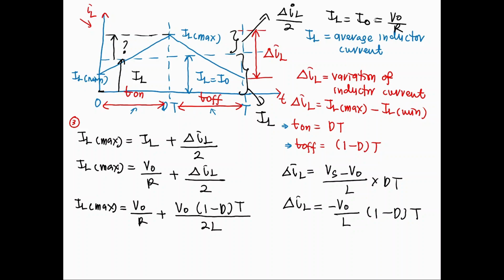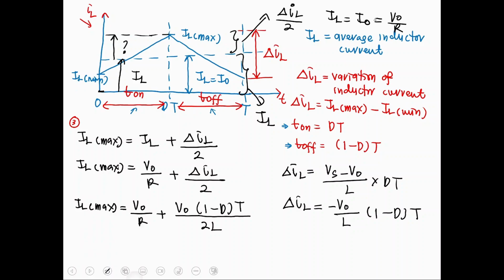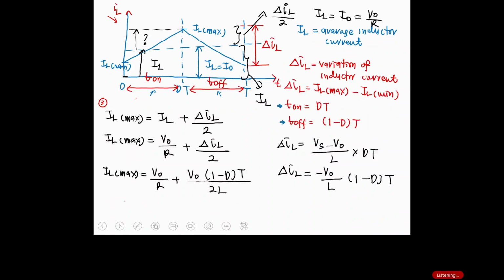So this inductor current has a variation. This is the minimum inductor current and the maximum inductor current. The maximum inductor current is also called the peak of your current.